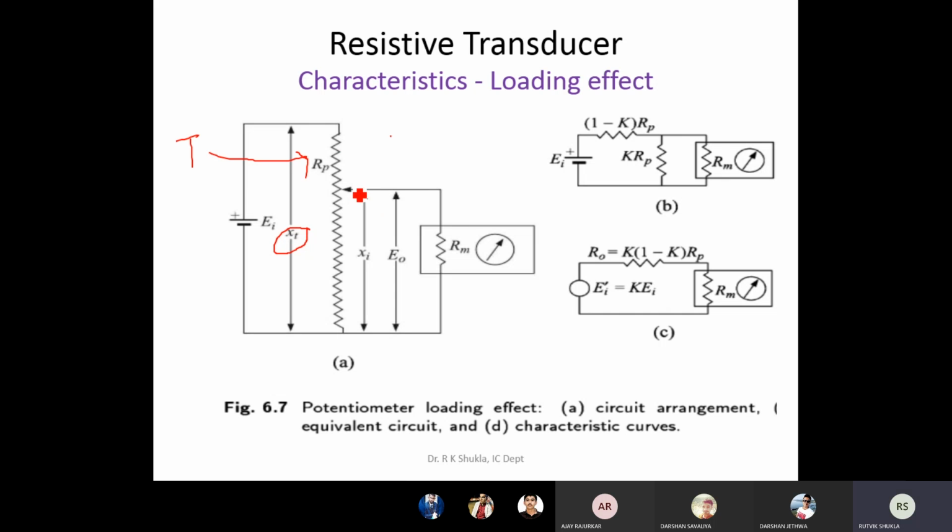This is your wiper, which is the movable element, while this is the fixed end. With respect to the fixed end, suppose the movable end reaches a certain position, due to which the total travel of the movable wiper is denoted by xi.